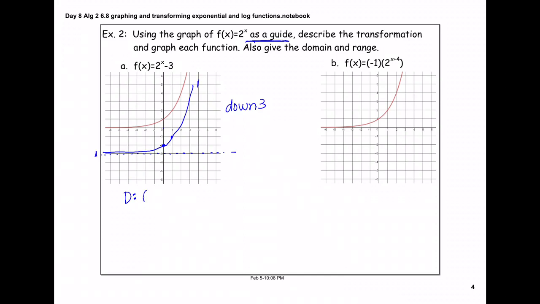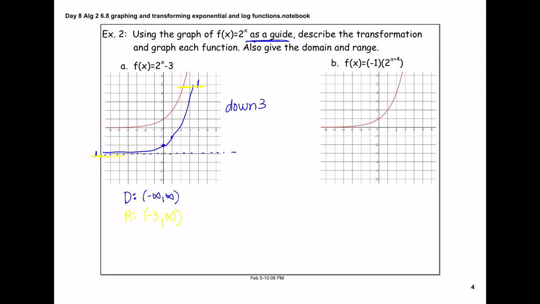It's going from negative infinity to positive infinity. Then when we look at our range, we want to look at our highest and our lowest y values. It cannot touch -3, so we'll put in just a parenthesis, and it goes on and on forever to positive infinity.